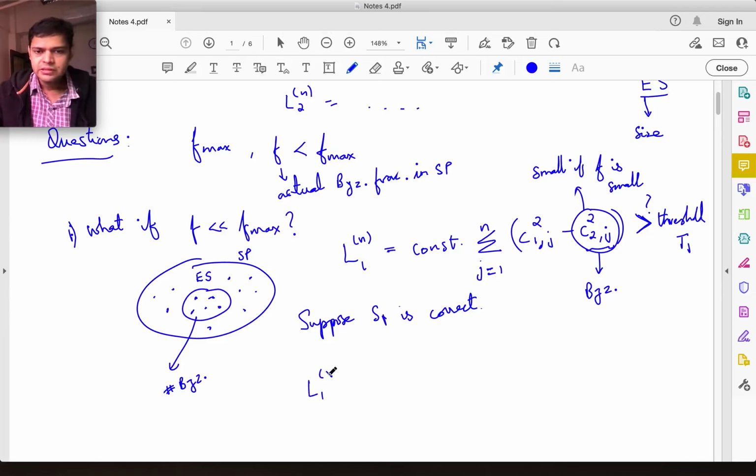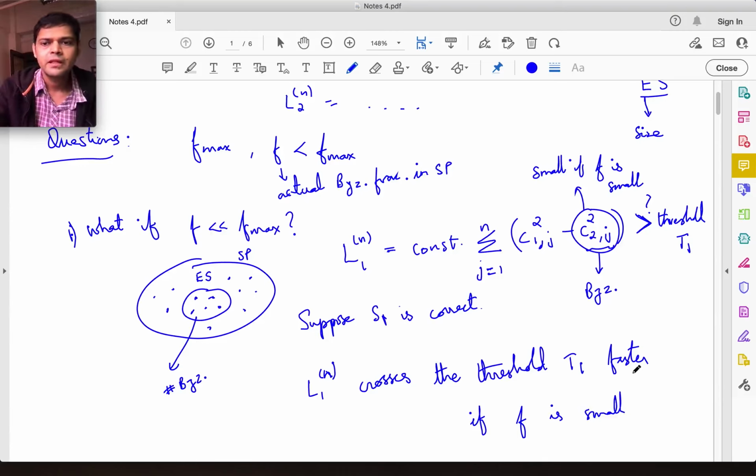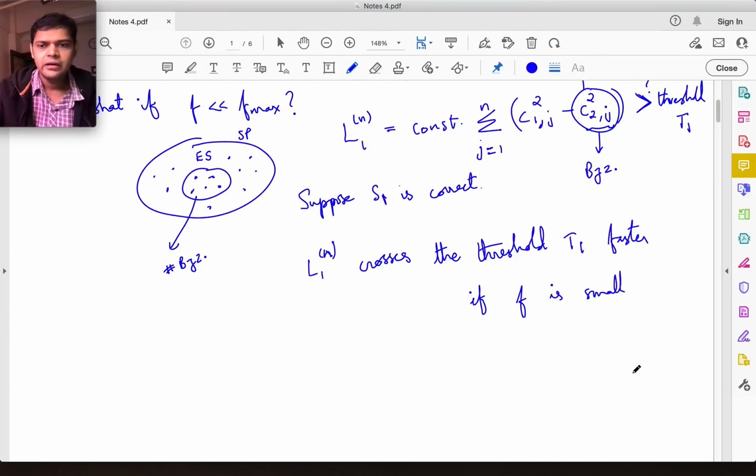So we can say that L1n crosses the threshold T1 faster if f is small, and hence we converge in fewer rounds.